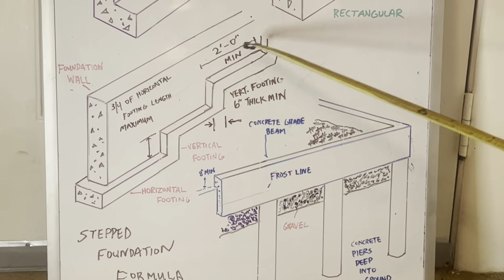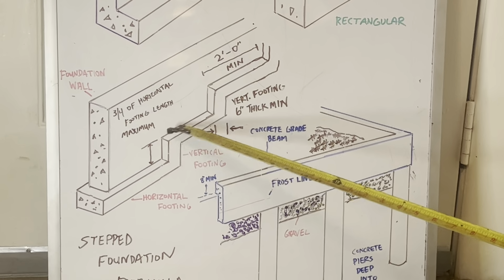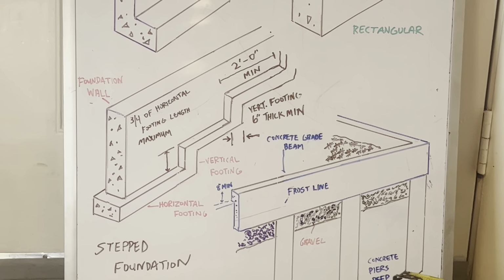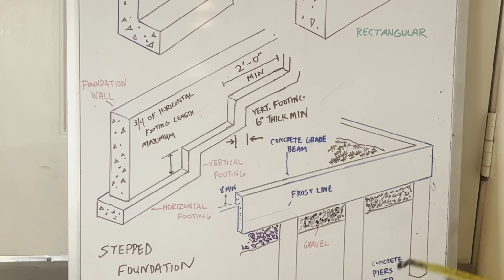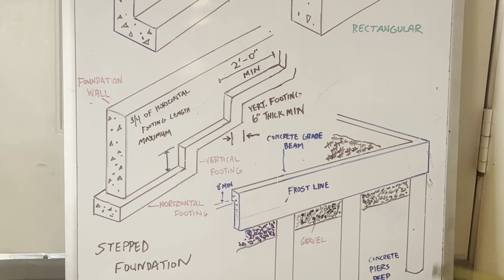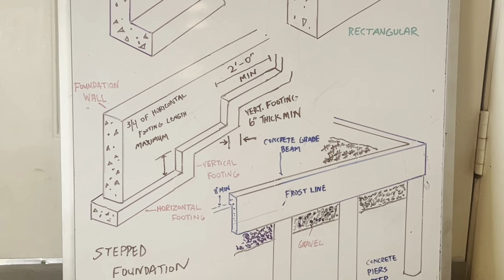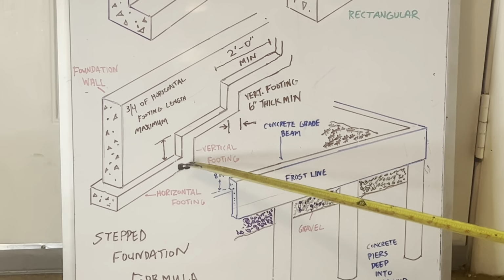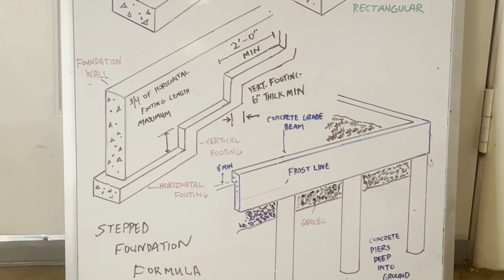You see, this area can be a crawl space. Come down here, you get your full basement. Stepped foundations require vertical or plumb, and horizontal, which means level, footings. Okay, this is our horizontal footing. This is our vertical footing, as you can see.